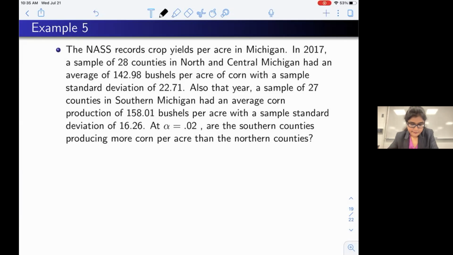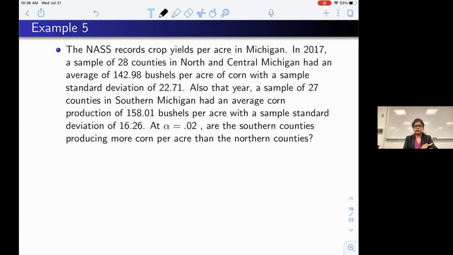Also that year, a sample of 27 counties in Southern Michigan had an average corn production of 158.01 bushels per acre with a sample standard deviation of 16.226. At alpha 0.02, are the southern counties producing more corn per acre than the northern counties?